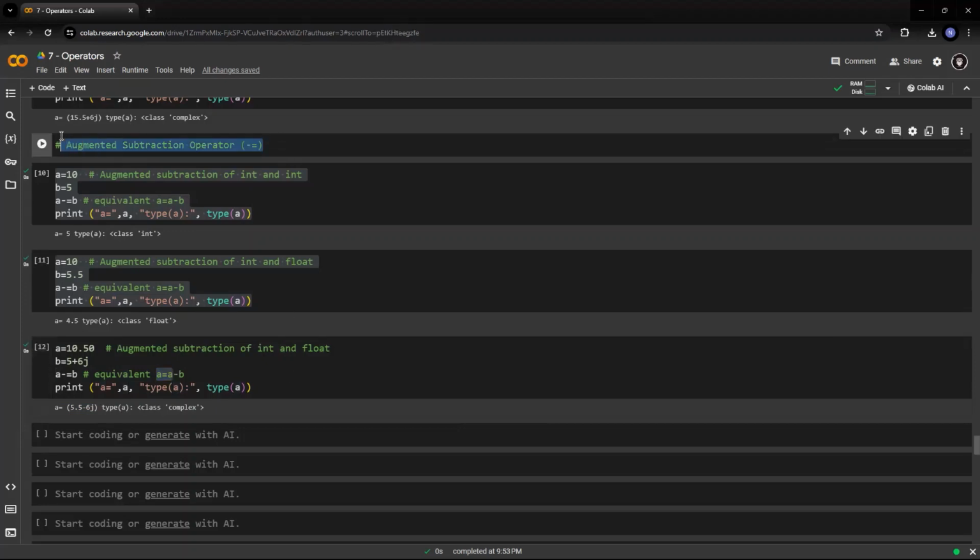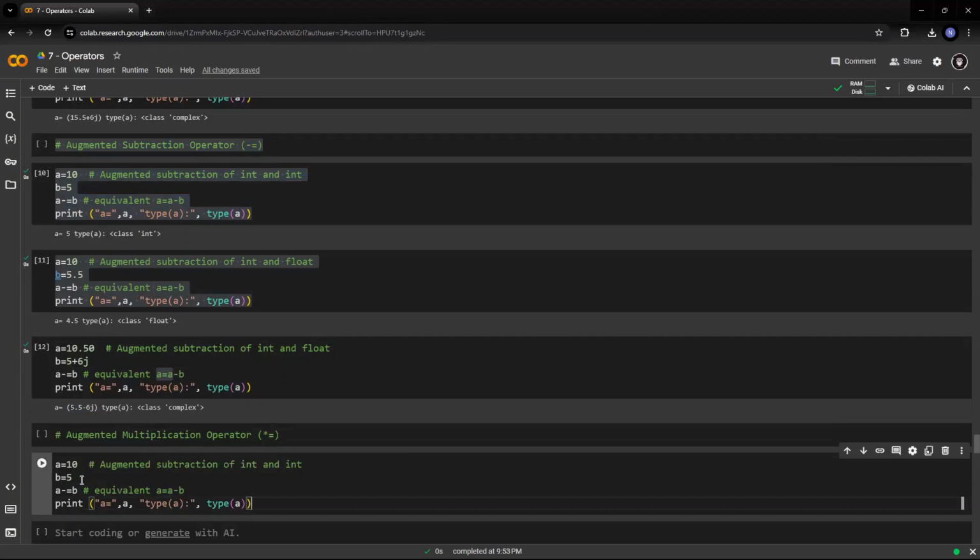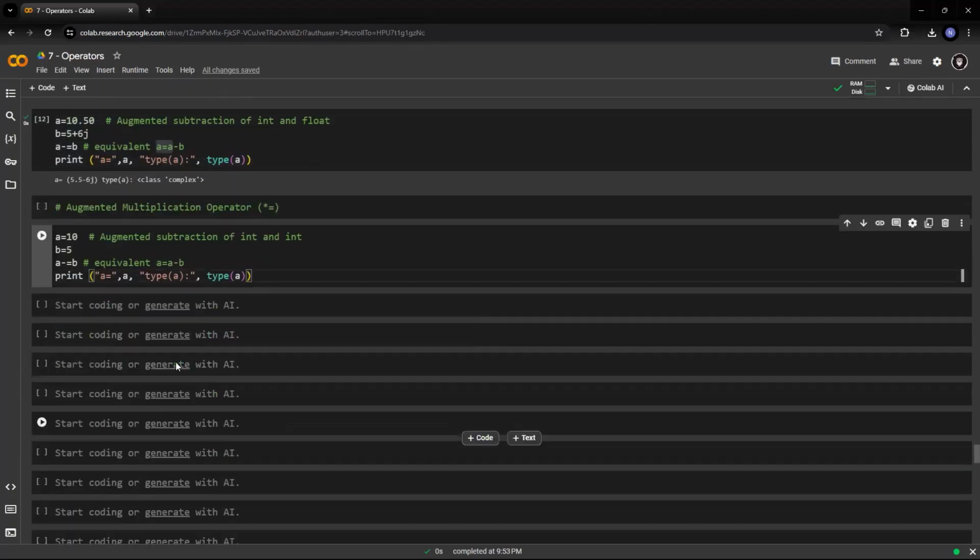Let's try it with multiplication this time, and here it would be a star symbol. Let's try it with two integers, 10 and 5 once again.